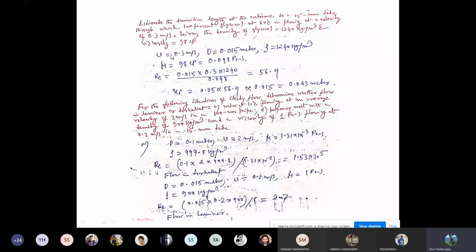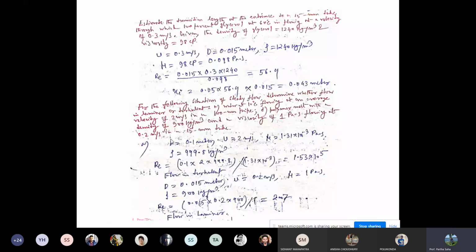You put in the value of mu, convert centipoise into Pascal second, and the Reynolds number you calculate is 56.9. Then x_t by D equals 0.05 times the Reynolds number. To get x_t, just multiply by the diameter of the tube, and you get the transition length of 0.043 meter.